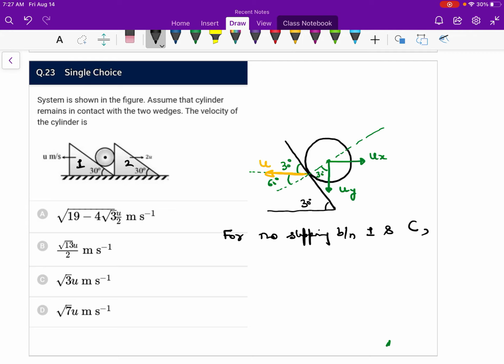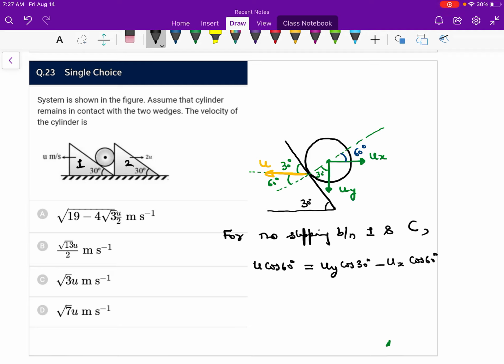So along the common normal, this is u cos 60. Okay, and this is 30 degree, this is 60 degree, and that of cylinder along the common normal is uy cos 30 minus ux cos 60 degree.